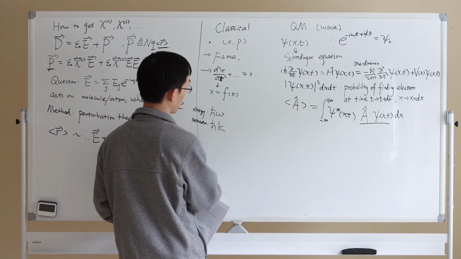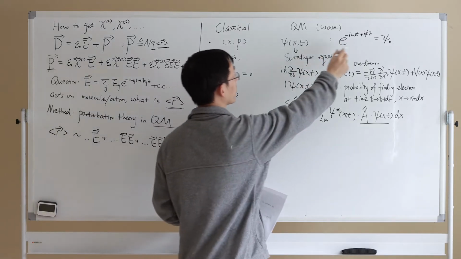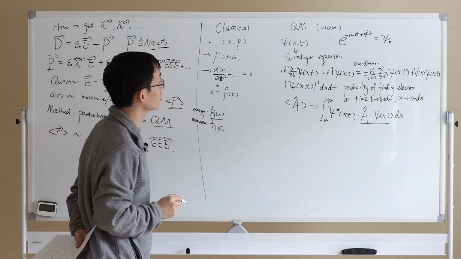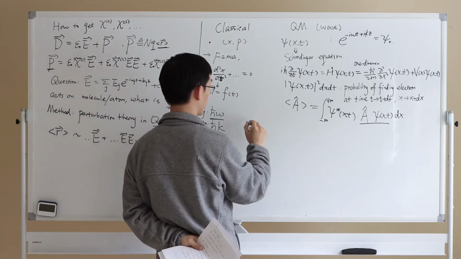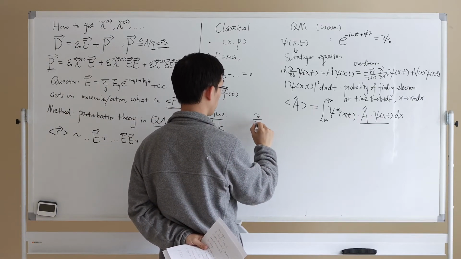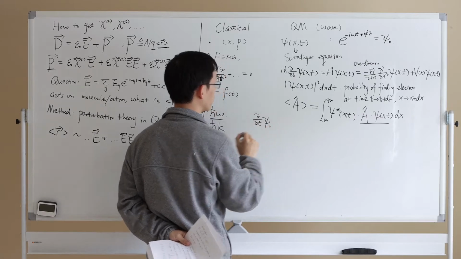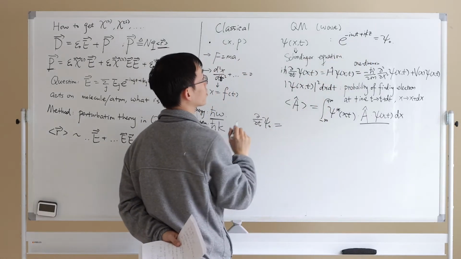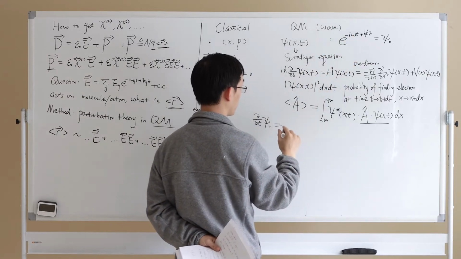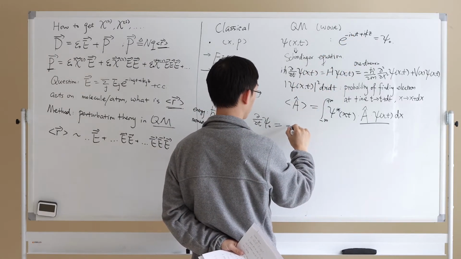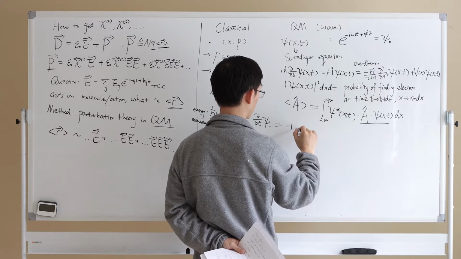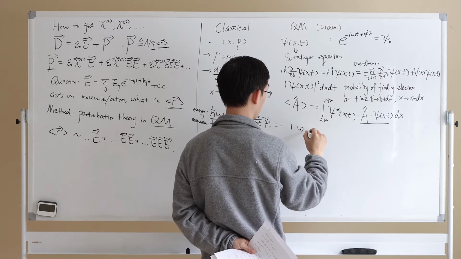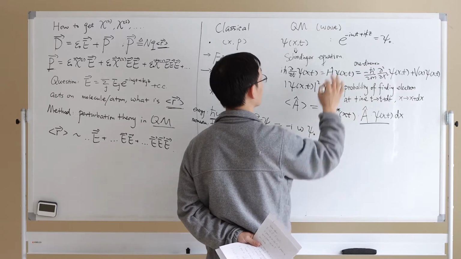So now, how do you get the energy from a wave? What you can see is that if you do partial t on a plane wave, what you get is minus i omega coming out in the front, and then the plane wave itself.